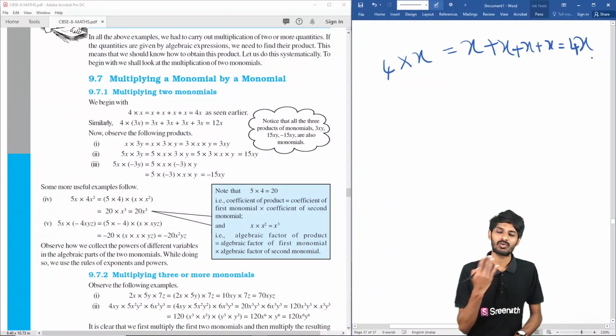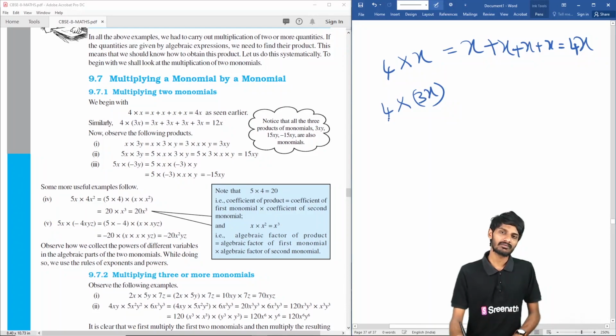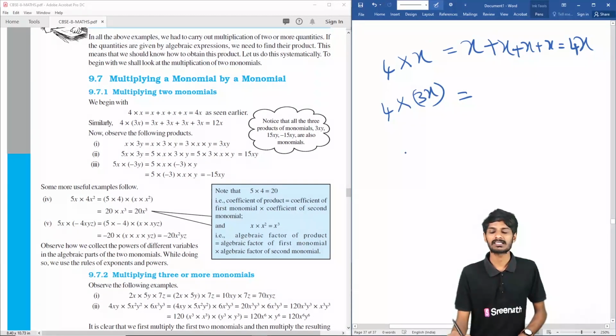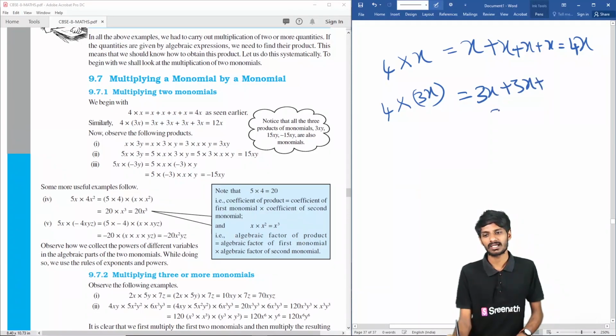How many x are we having? 4x. And now if I want to multiply 4 into 3x, here 4 is a monomial, 3x is also a monomial. It is nothing but writing 3x 4 times, 3x plus 3x plus 3x plus 3x. So how many x are we having? 12x.